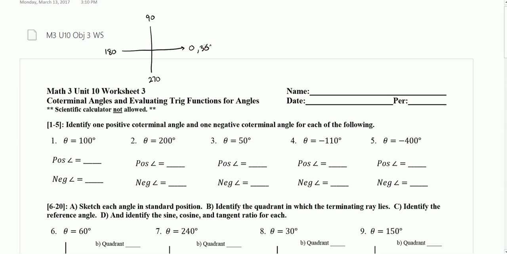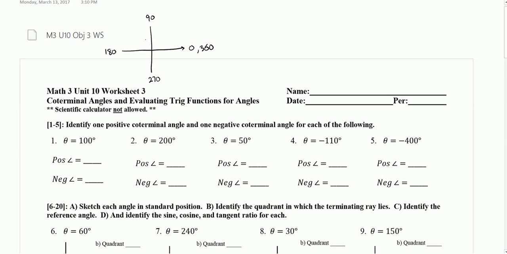Just in setting this up, notice that 0 and 360 are pointed in the same exact direction. Obviously 0 is not equal to 360, so you have two different numbers, but they're pointed in the same exact direction. We call those coterminal.